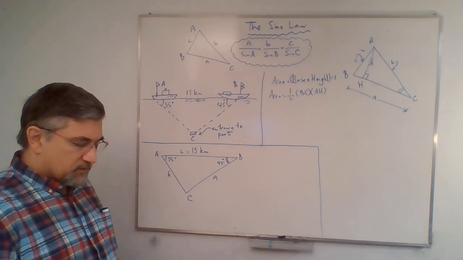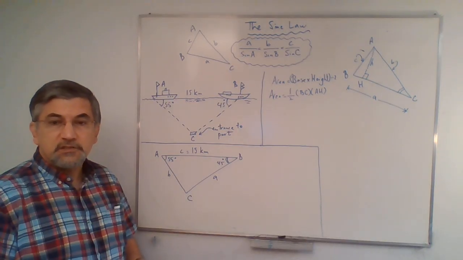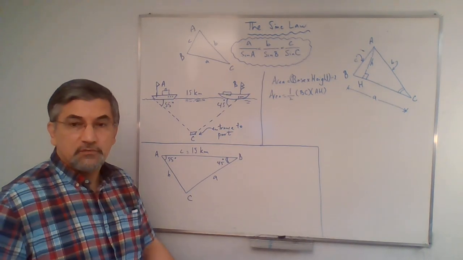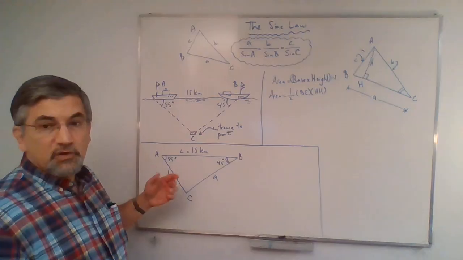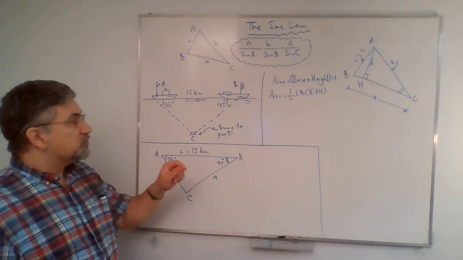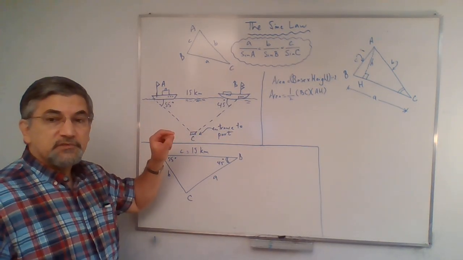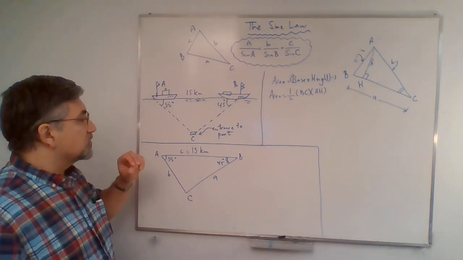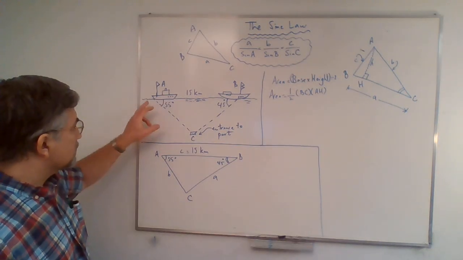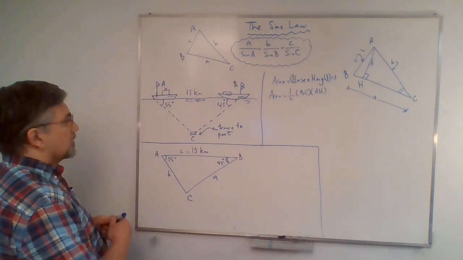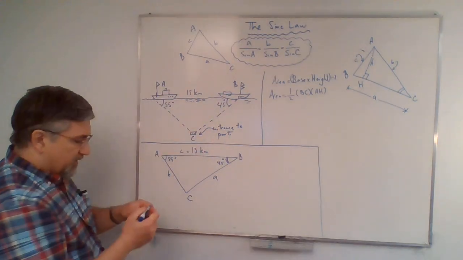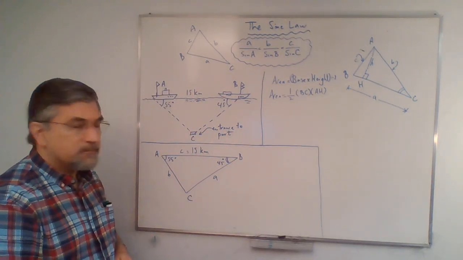And we want to find out how far this ship is from the port. So the distance is what we need to find, the distance between the ship that is closer to the port and the port. Here we have a diagram that shows the story of the problem.